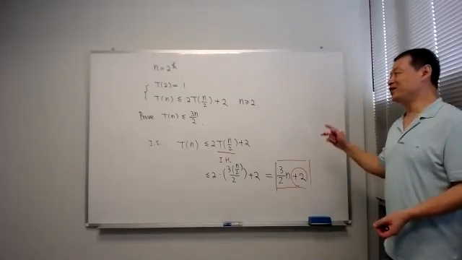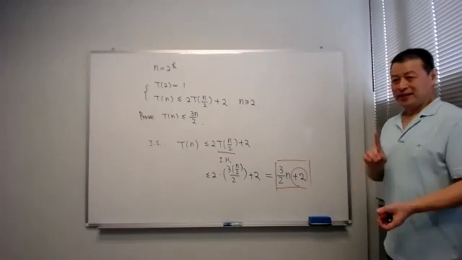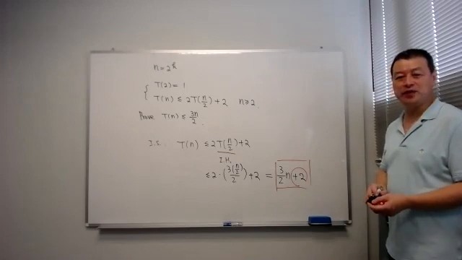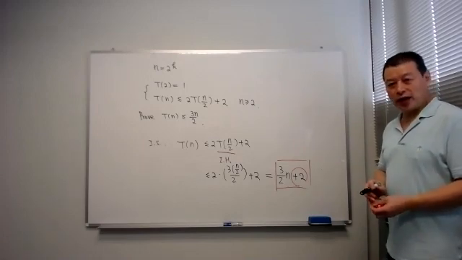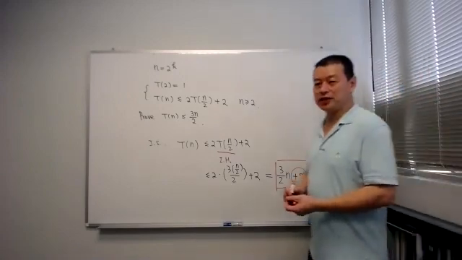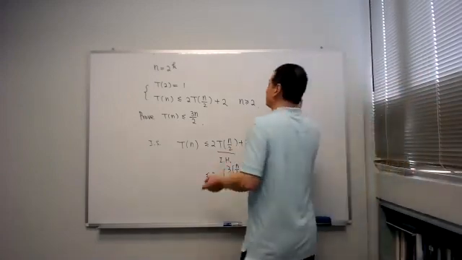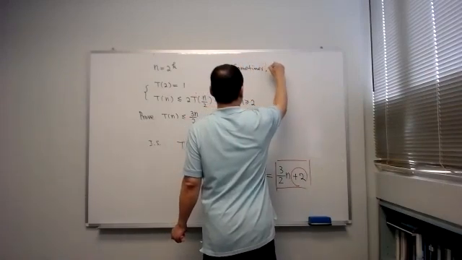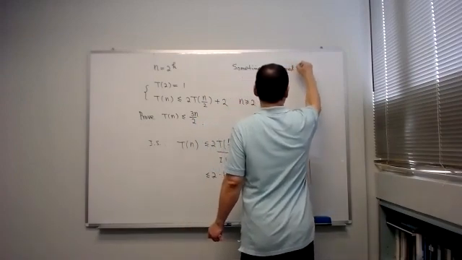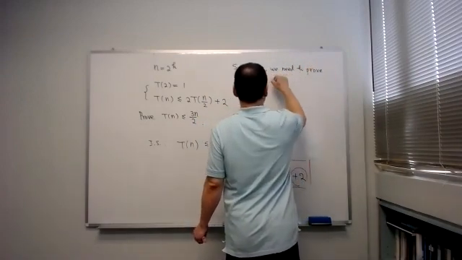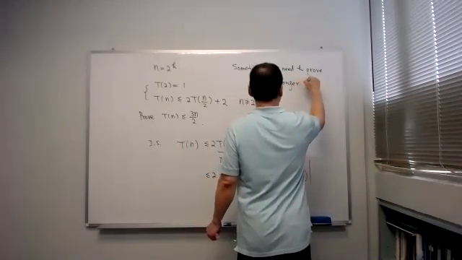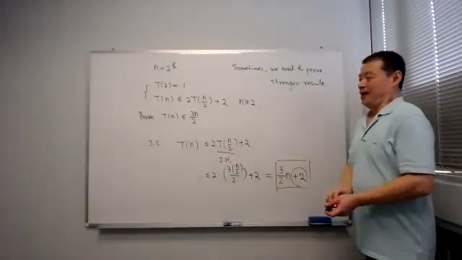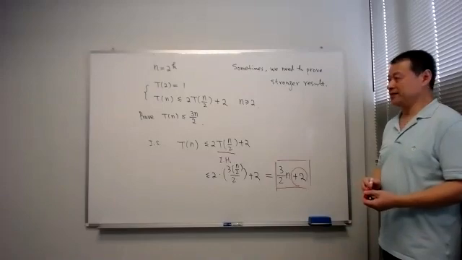So how can we prove this using induction? That's one type of subtlety when we use induction. Sometimes we need to prove something stronger or more general. So in order to prove this, we actually prove something stronger. This one is not enough.